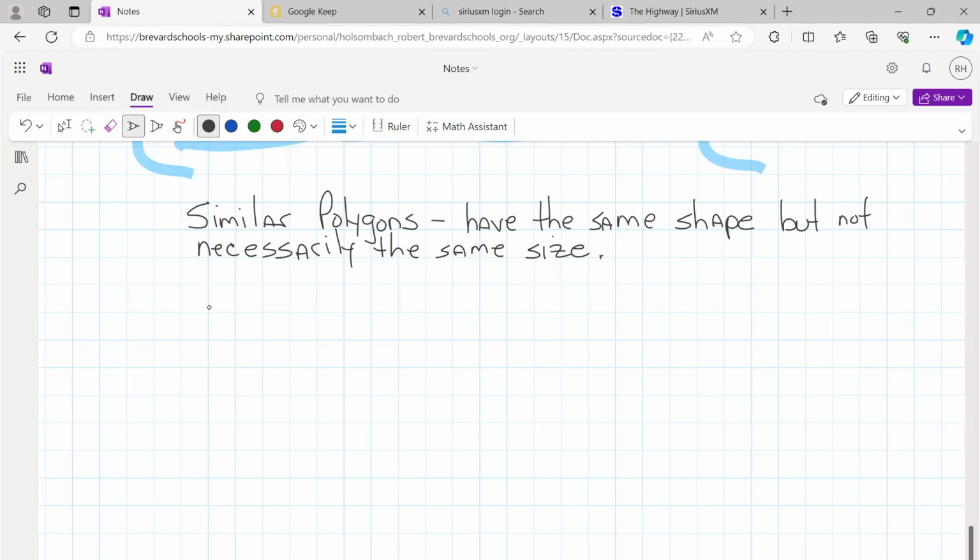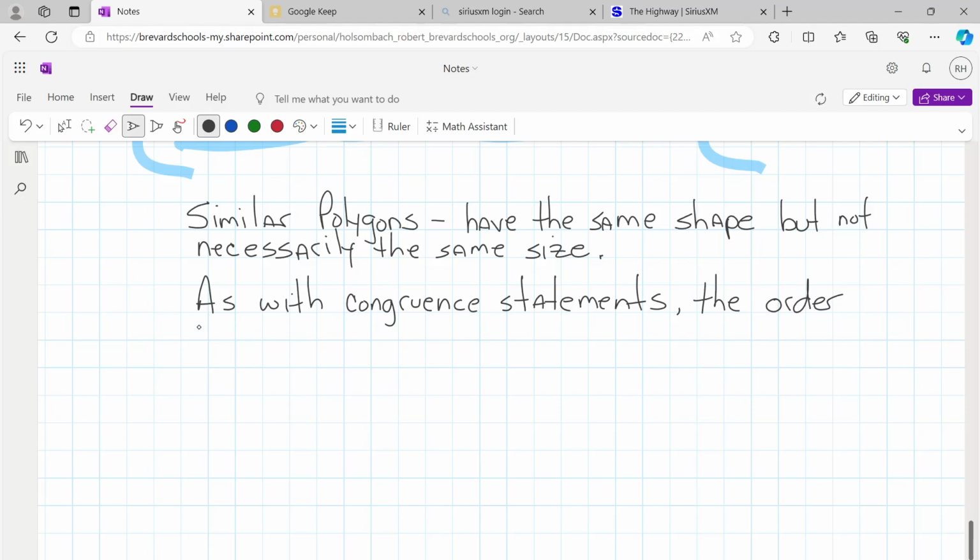And we're going to say that as with congruence statements, the order of the vertices is very important.